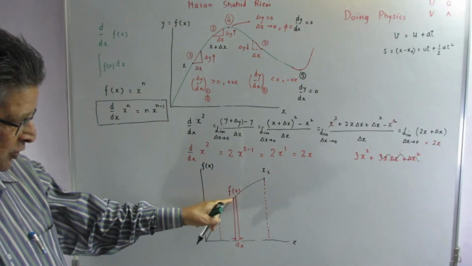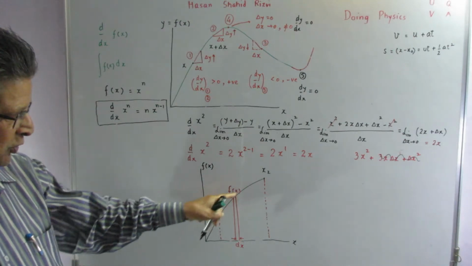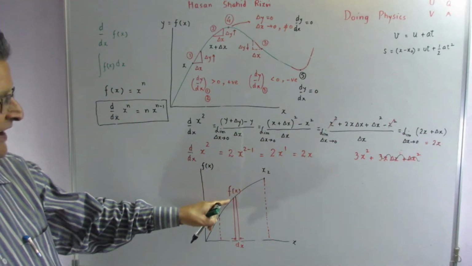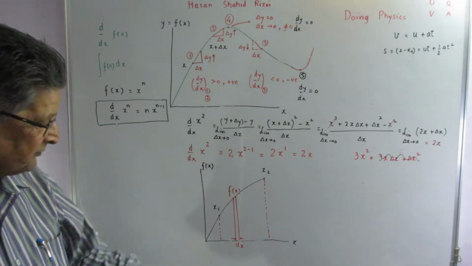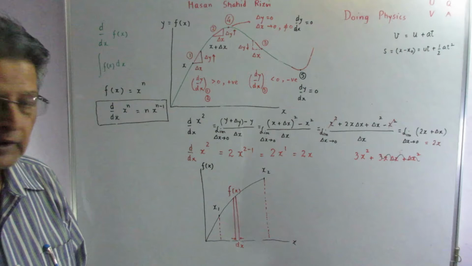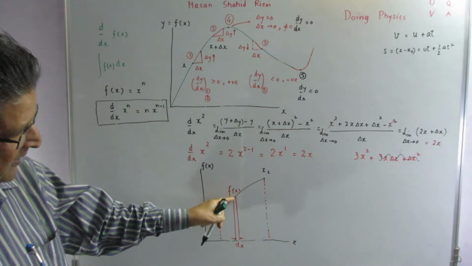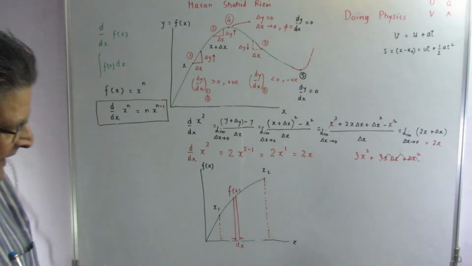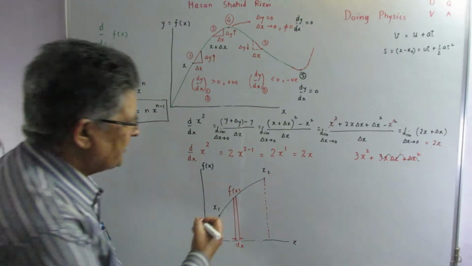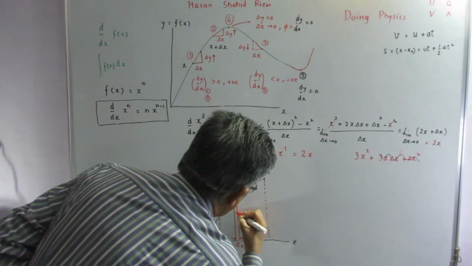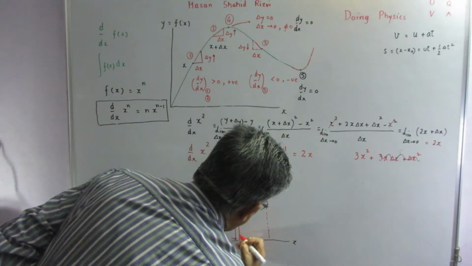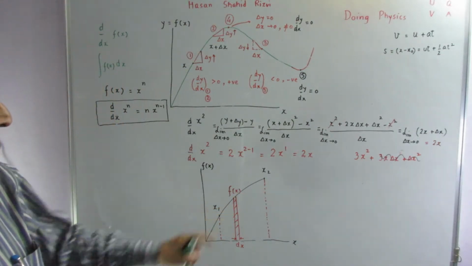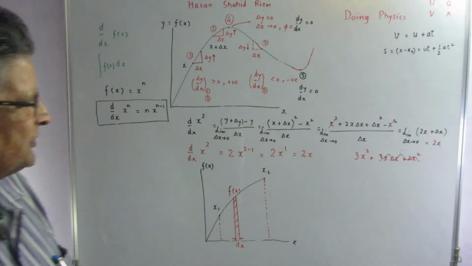Here it appears to you, to anybody, that this is a slanting line. But if this dx tends to 0, then this slanting line becomes a line parallel to the x-axis. In that case, we can write the total area over here, because this is a rectangle, so the area will be equal to f(x) dx.